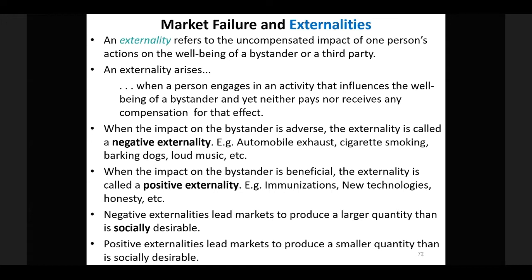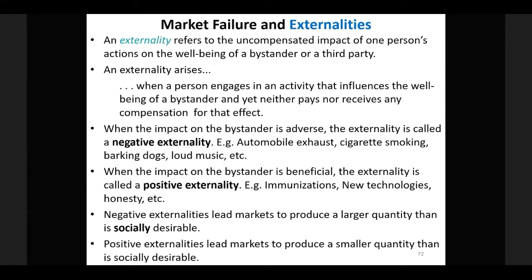And when the impact on a bystander is positive or beneficial, then we say we have a positive externality. For instance, immunization. If you get yourself immunized, you reduce the chances of infecting the others with communicable diseases.